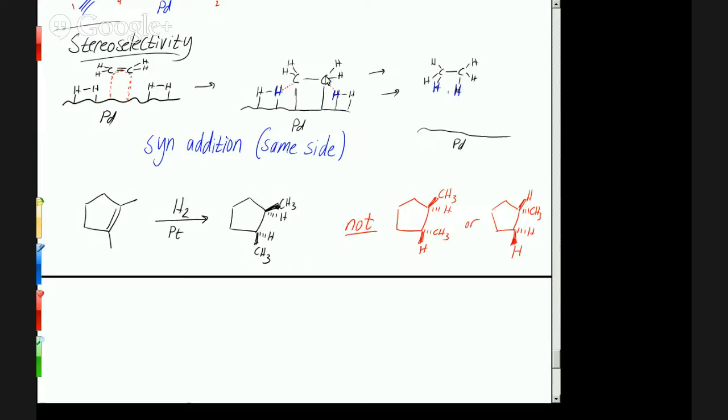The lower the number, the less negative the number, the lower in magnitude, the more stable the alkene is, because there's not as much energy released in hydrogenation. That means it was more stable to start with. So the least stable would be just ethylene.